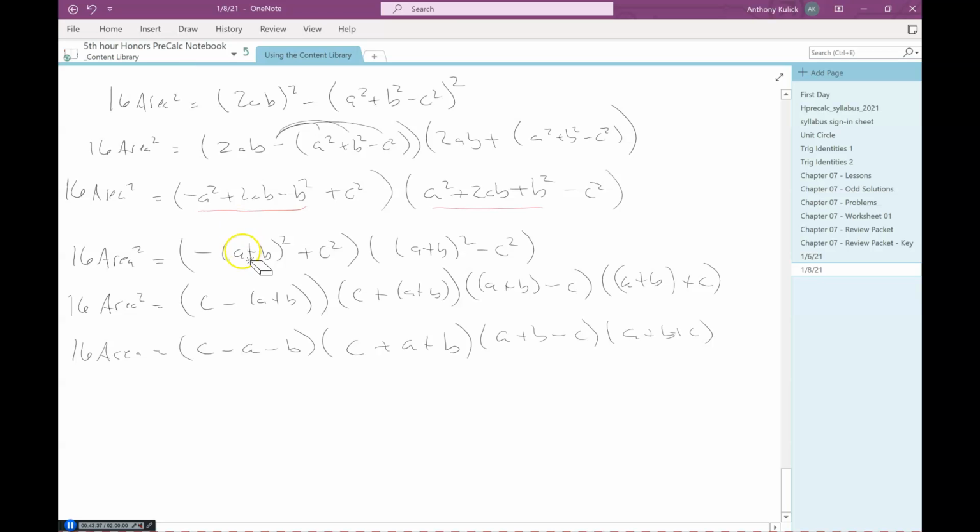So it's here. That should be a subtraction symbol. So that should be subtraction. That should be subtraction. That should be subtraction. And then that should be addition.